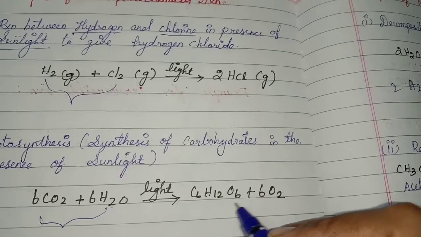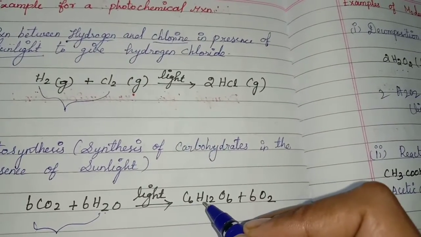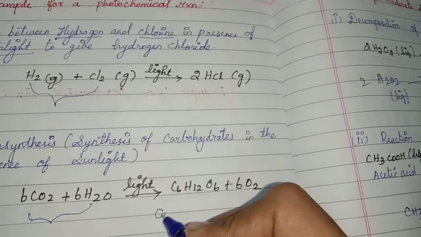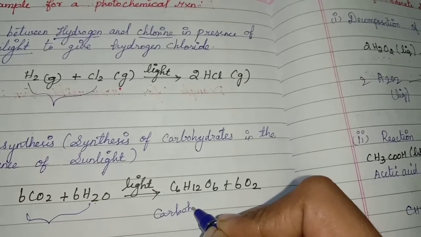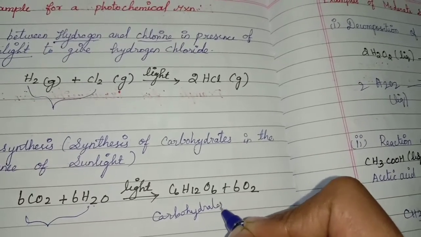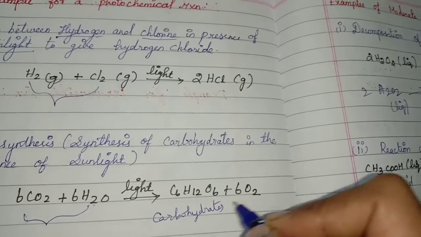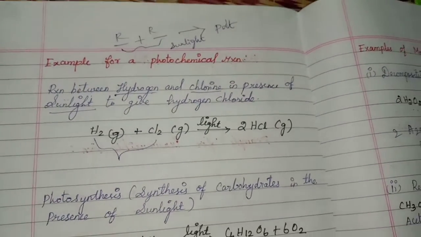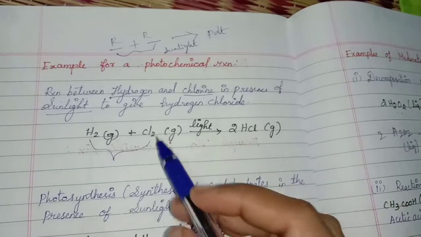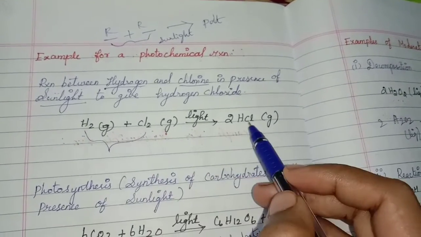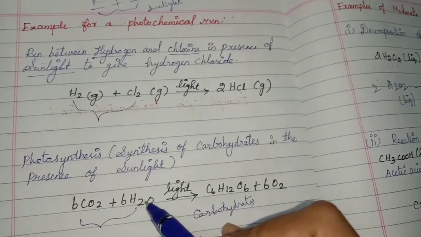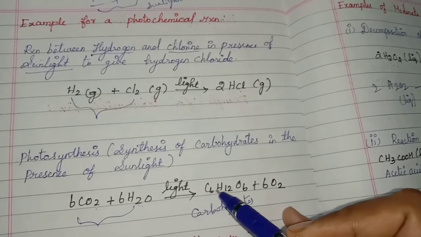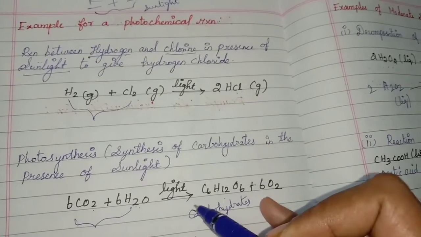Carbohydrate, C6H12O6. Carbohydrate, glucose, and fructose all have the same formula. C6H12O6 plus oxygen. So this is another example of a photochemical reaction. The first example is hydrogen and chlorine reacting to give HCl. Then CO2 and H2O react with each other, giving carbohydrate in the presence of sunlight.